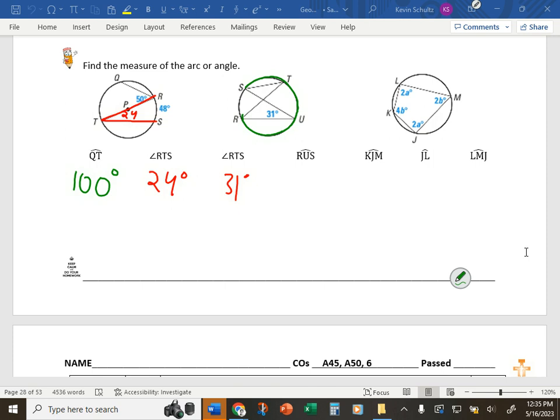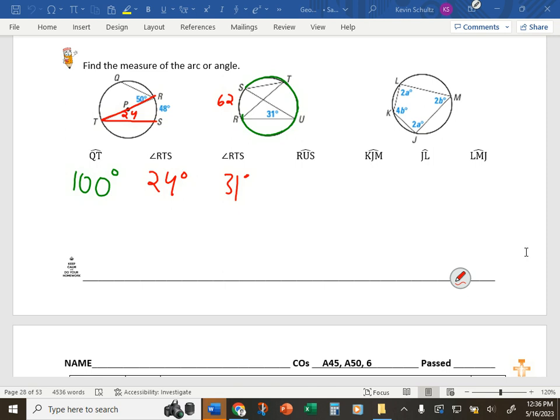Because it's 3 letters, RUS, we are going the long way around here. Okay? It's a major arc. What's that going to be, Sophie? 298. And how'd you get that? So we know that arc SR is 62 because it's double that inscribed angle, right? The inscribed angle is 31, so the arc measure will be 62. But we're not looking for arc SR here.